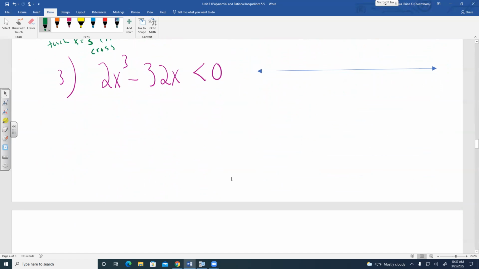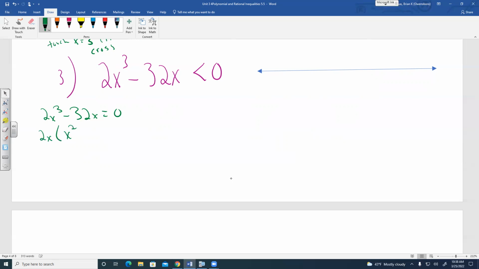So if I want to solve this inequality, notice how it's already set to 0. So again, we're going to factor. What I can pull out is a 2 and an x. So let's set this equal to 0 again. 2x cubed minus 32x. Kind of got ahead of myself there. So I can pull out a 2 and an x. If I pull out a 2 and an x, that's just going to leave me an x squared.